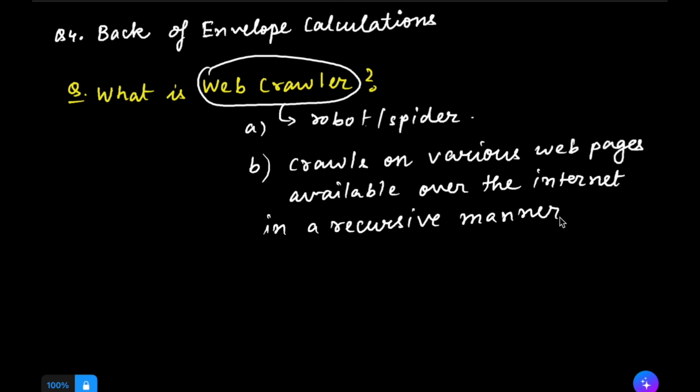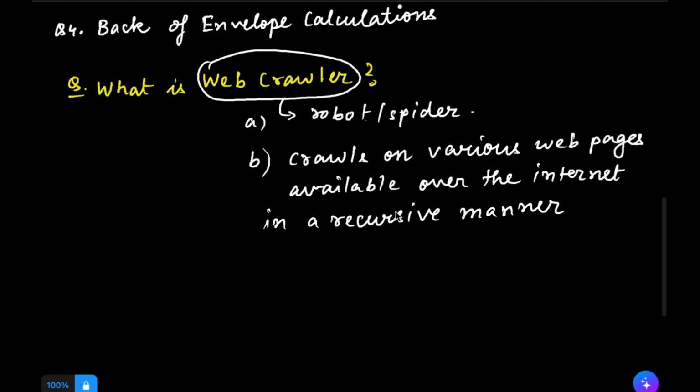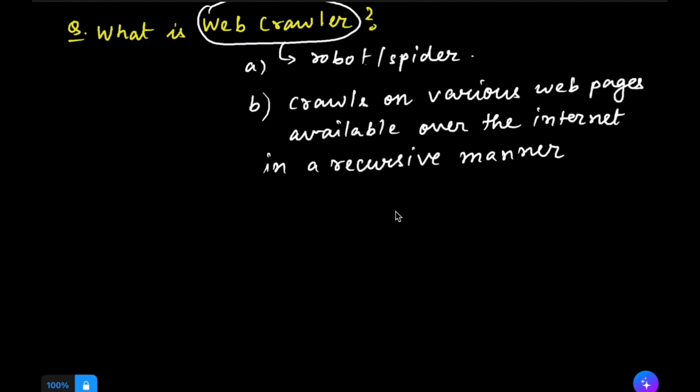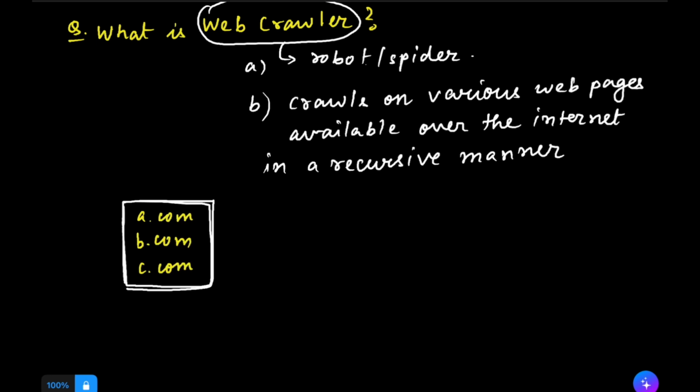Let's understand this with a simple example, which is very easy to understand. Suppose I have a web page and there I have some URLs, like let's say a.com, b.com, c.com, right? And let's say this is our web crawler.